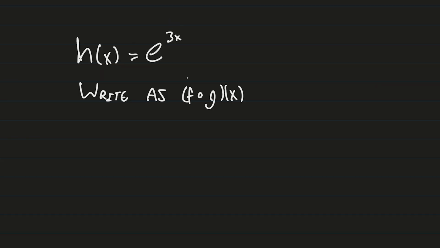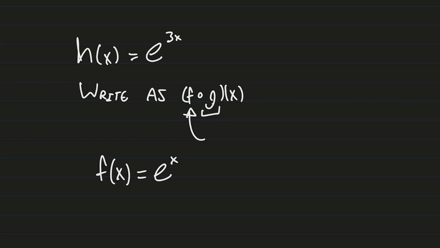In this example, we have h of x equals e to the 3x. In this one, it's a little harder to find what your inner and outer function is. But remember, you're plugging in one function, you're plugging in g into f. So can you find an f in which you can plug in something else to combine to get e to the 3x? Let's try getting rid of this 3x. Let's say our outer function, f of x, equals e to the x.